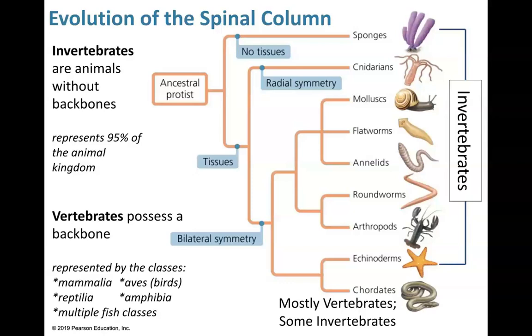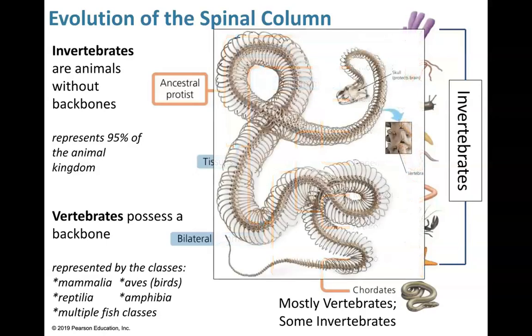We do have some invertebrates that are going to be part of this class, I'm sorry, part of this phyla. Here is an example of a snake backbone. We actually see these little tiny bone structures. These are vertebra. The vertebra is what truly makes the backbone, housing precious nervous tissue.